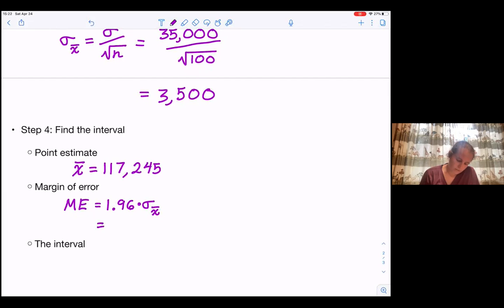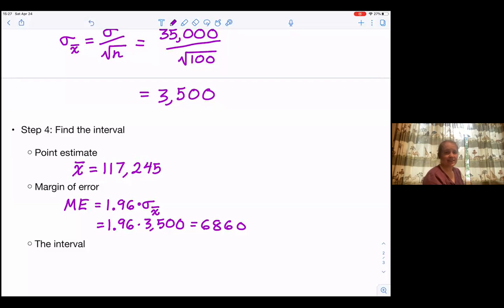So we have 1.96 times 3,500. And that winds up being 6,860.